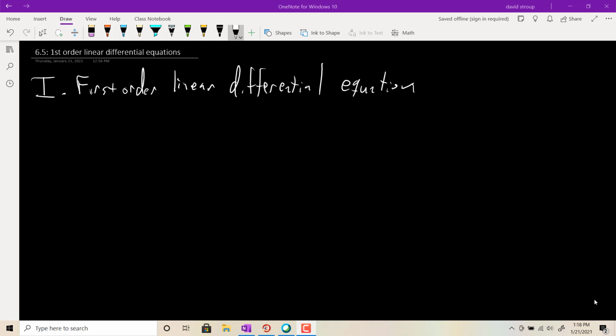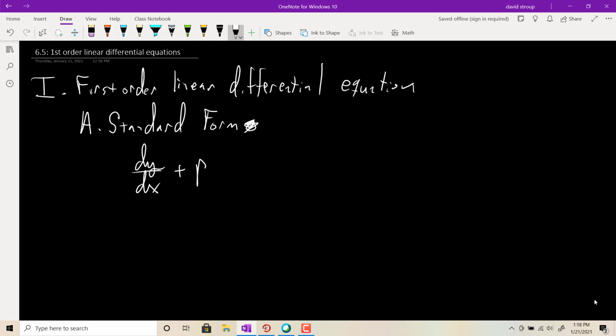They give you a standard form in the book, which may or may not be similar to what you'll see when you take your standard differential equations class, but it's probably close. So anyways, standard form looks like this. You have your y prime part, and then you have some function of x times y, and on the other side you have some other function of x.